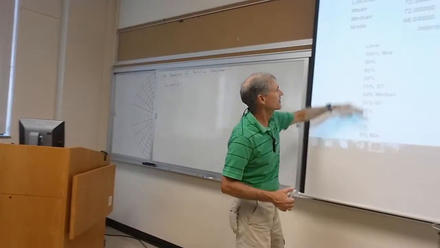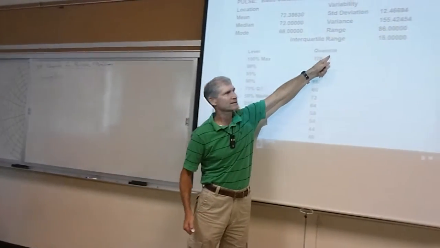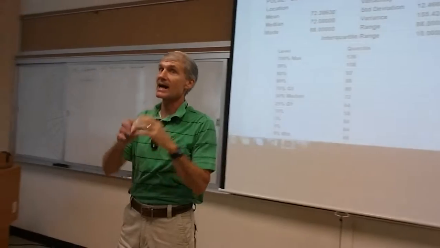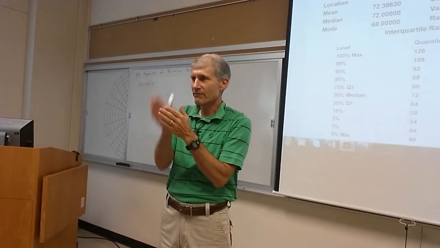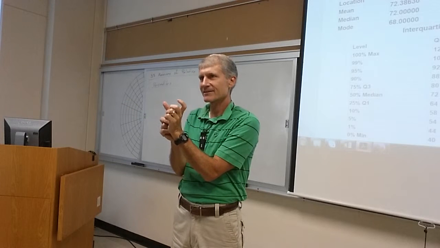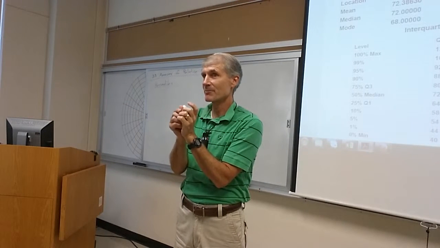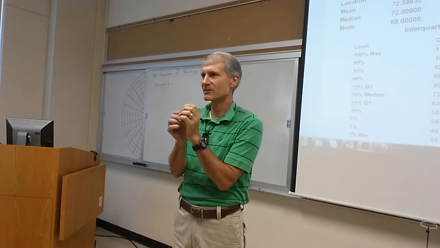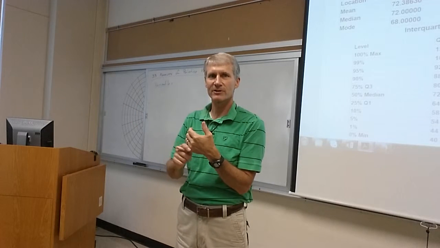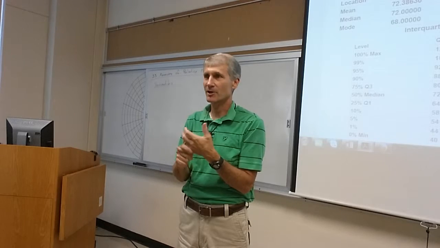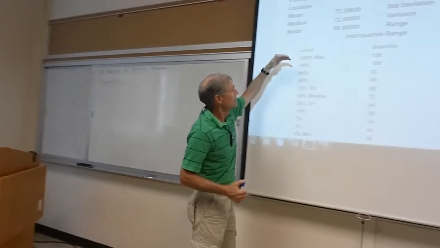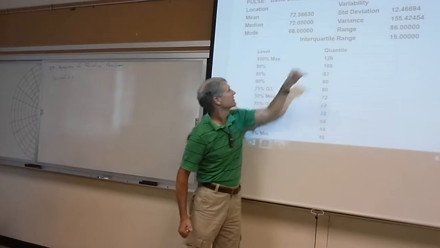Then down in this part, it says quantile. So in statistics, any word that ends in "ile" means you're dividing the data into equal parts. And then the prefix before the "ile" tells you how many parts. So quantile is the generic word. Percentile, how many parts are you dividing into? 100 parts, into percents, right? So the max is 126.